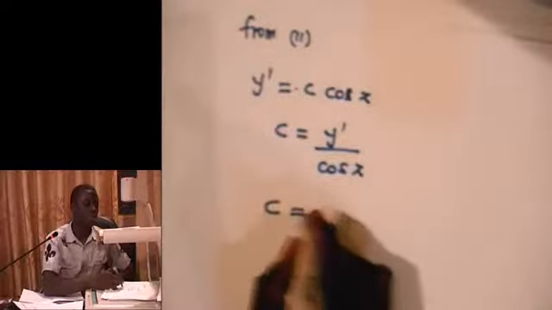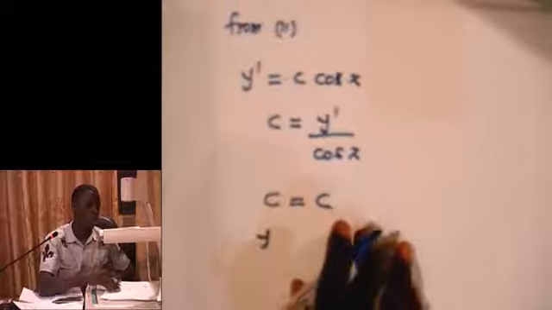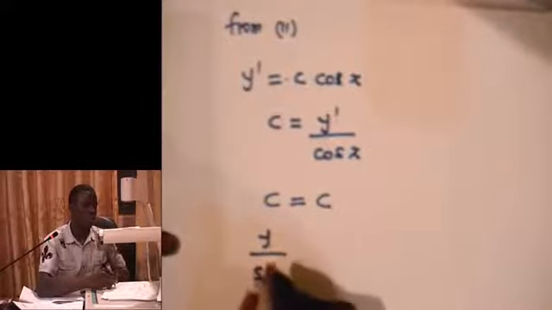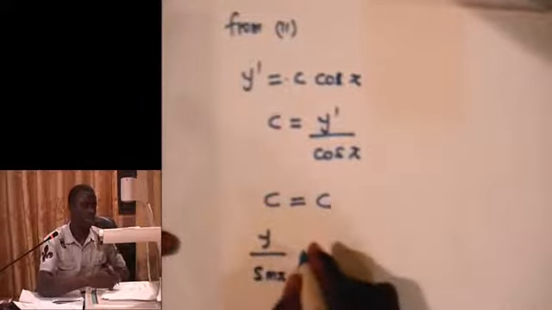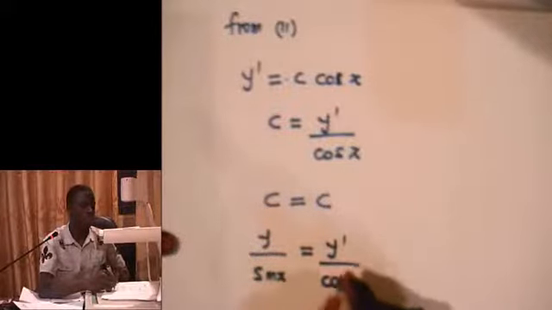So we have two values of c. So c equals c, y over sine x equals y prime over cos x.